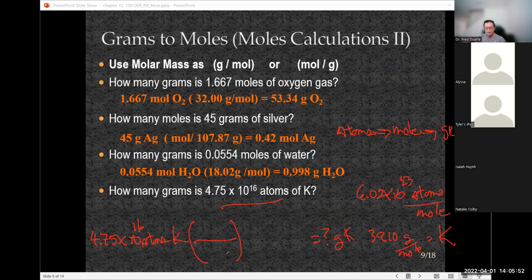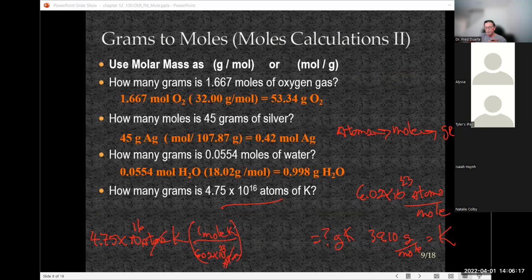So obviously we're using Avogadro's number, and that is 6.02 times 10 to the 23rd atoms in the denominator, because I want atoms to cancel, and that is 1 mole. And so if I stop the calculation at this point, I would end up with the units of moles of potassium, okay?